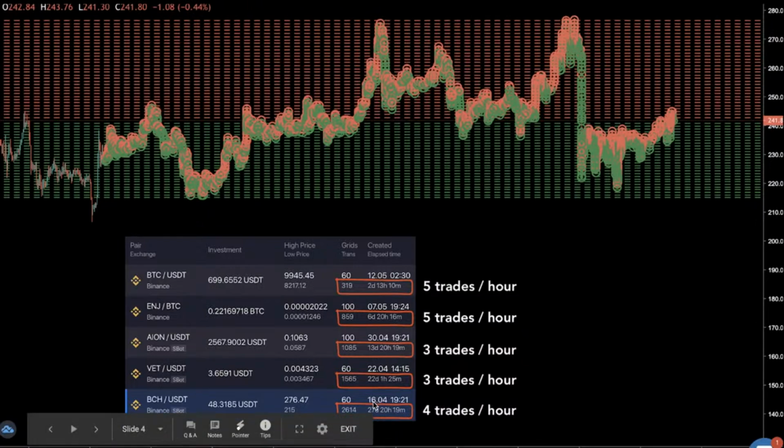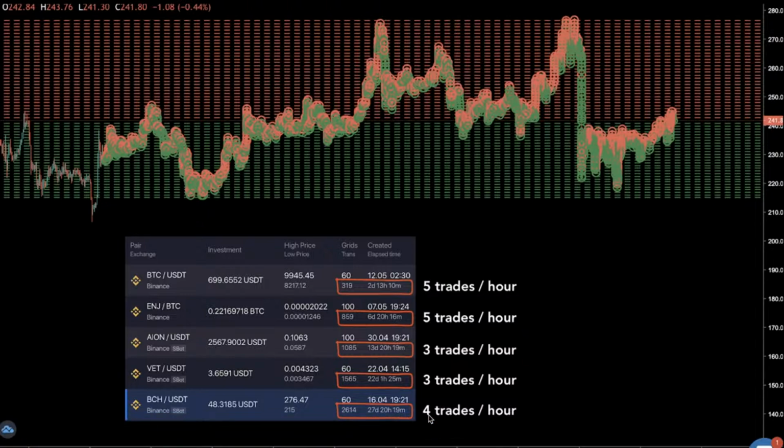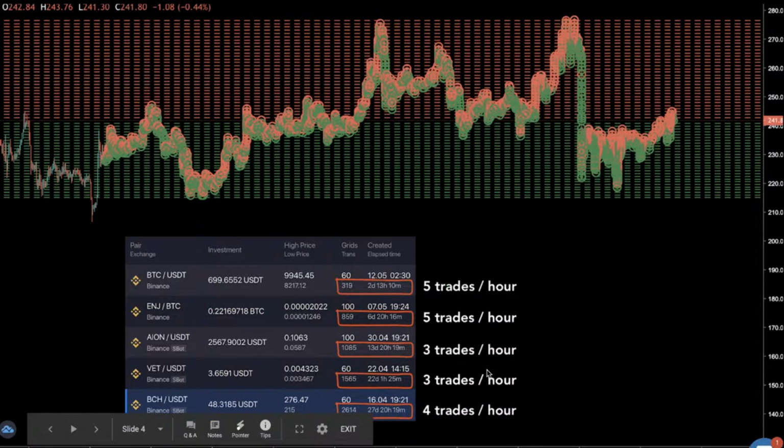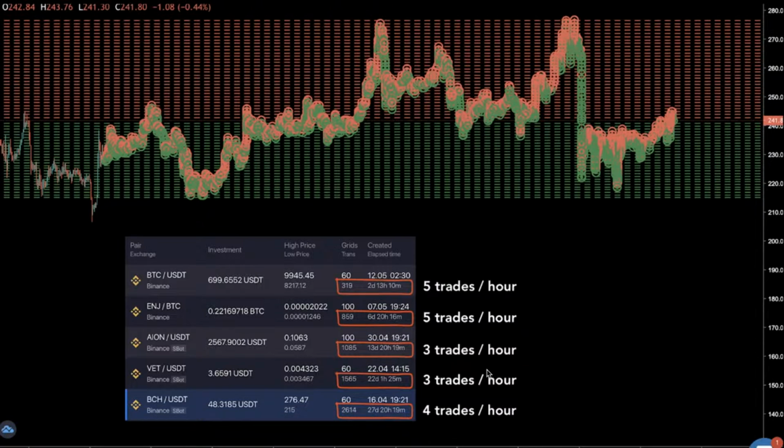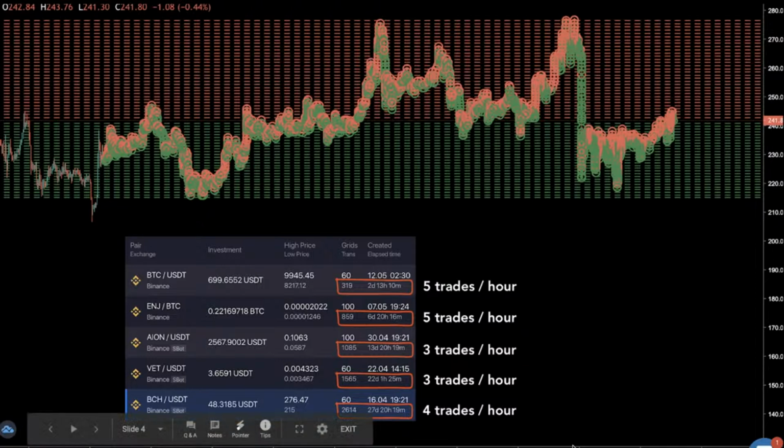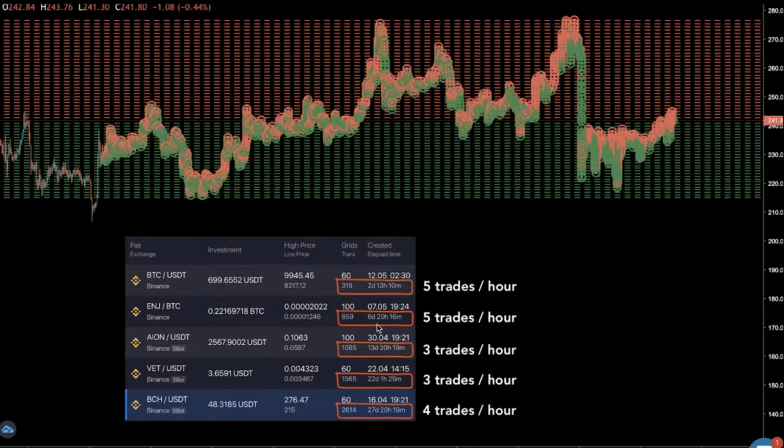Starting from the 16th of April, there were like 27 days, and that means approximately 4 trades per hour, without any stop. So manually you wouldn't be able to do this, but that's not the highest amount of trades that you can see in our automated trading.